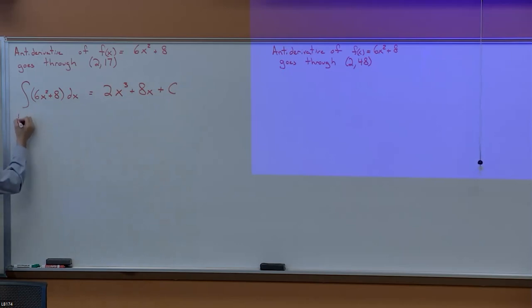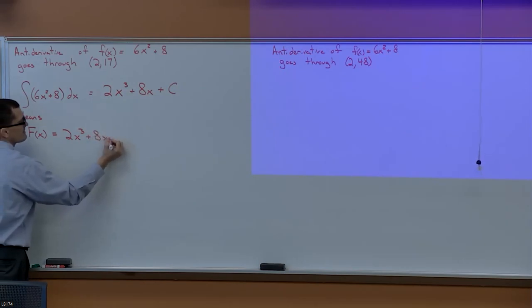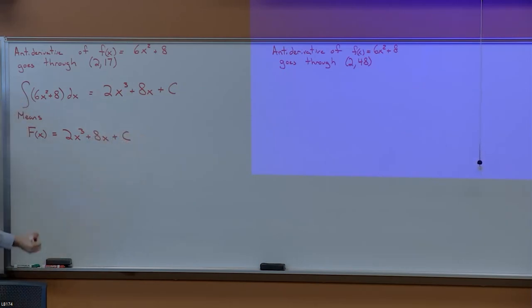That means that the antiderivative that I'm looking for, I'll call it capital F of x, just so it's different than lowercase, needs to look like that. And moreover, it needs to go through the point (2, 17).